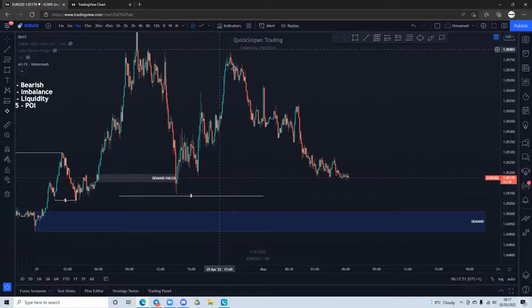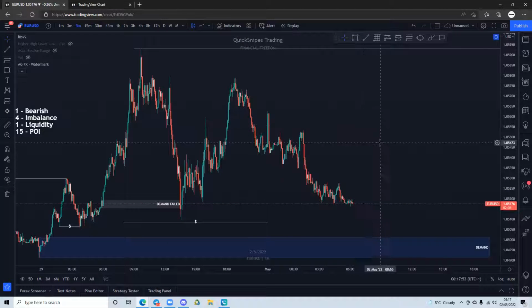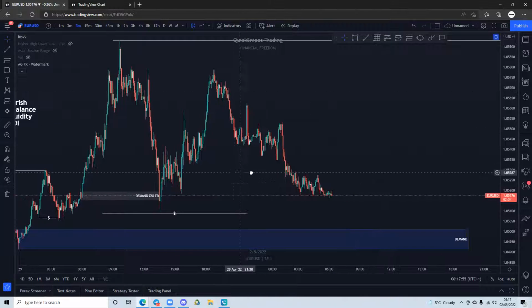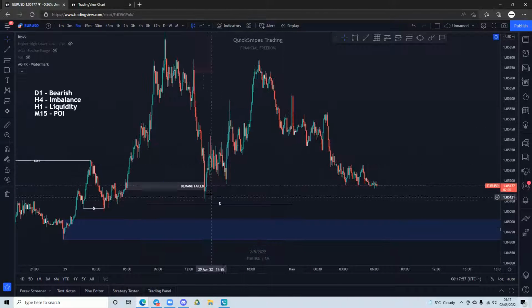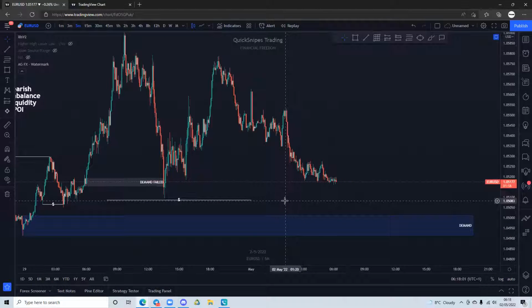So we've had this down move. What I would like to see ideally is a nice demand zone, which we potentially have, and that would act as our point of interest. And I'd like to see a bit of a range formed and equal lows which have been taken out.